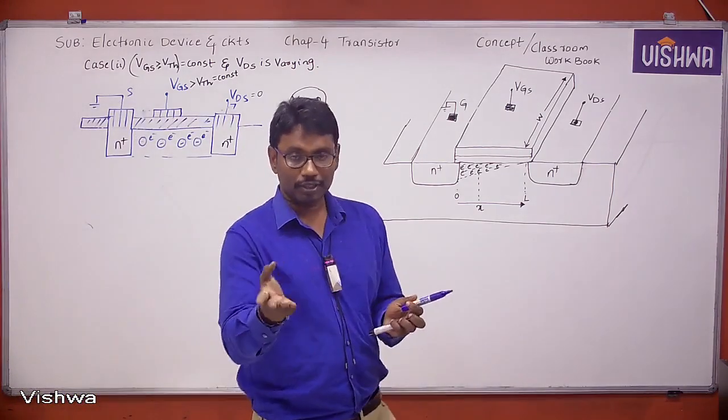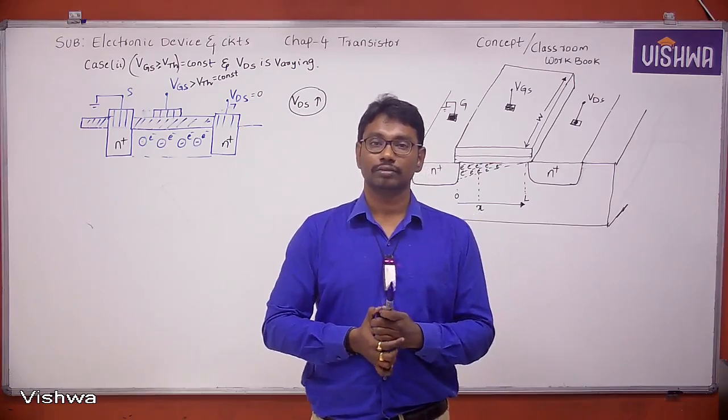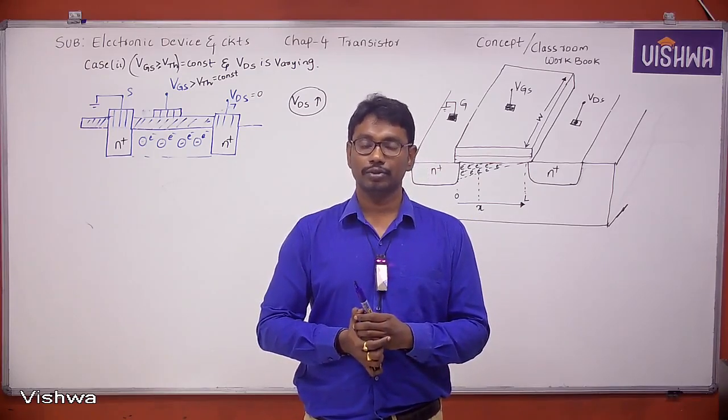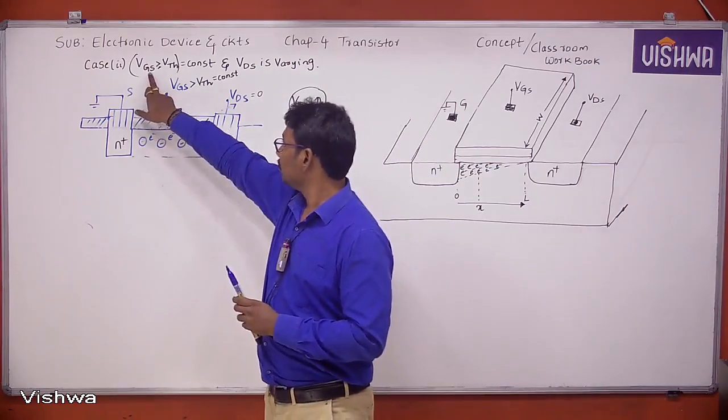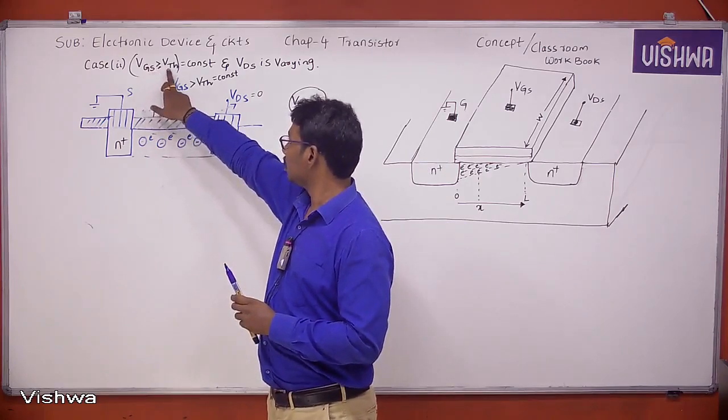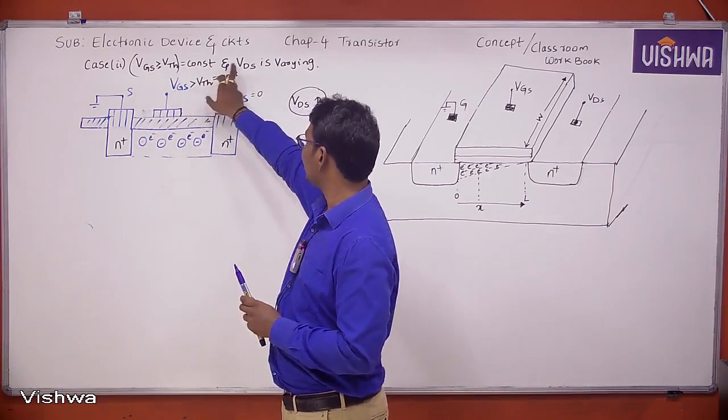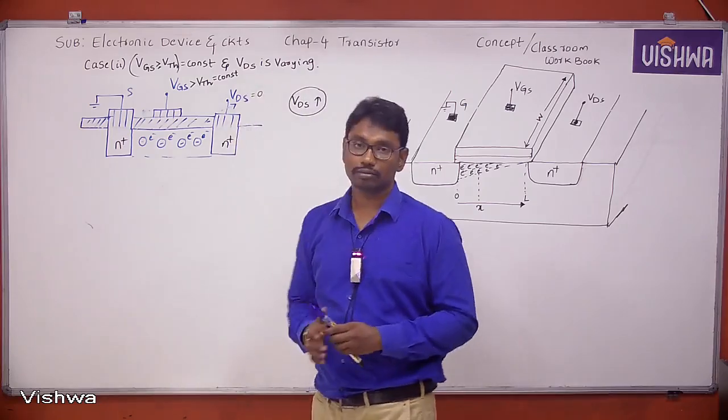Put case 2 first. Write down like this: VGS greater than or equal to V threshold should be constant and VDS is varying.